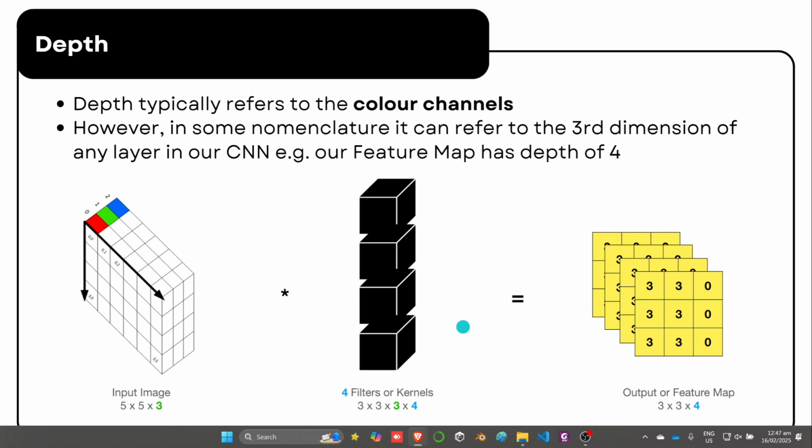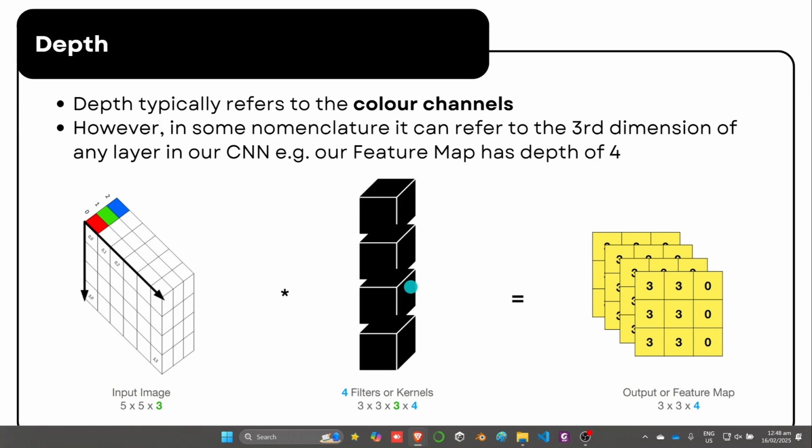But nevertheless, some researchers tend to use it oftentimes. Maybe when you're talking about grayscale images, then depth would refer to the 2 dimensions. However, it can also refer to the 4 dimensions.